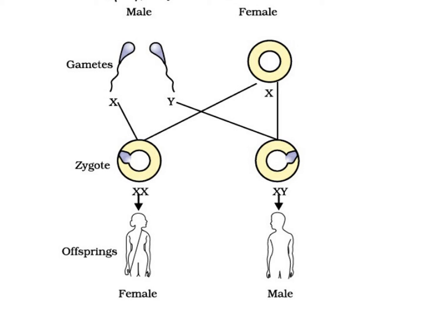However, if the sperm containing the Y chromosome combines with the egg which is X, the X of the egg and the Y of the sperm combine together to form the boy child.